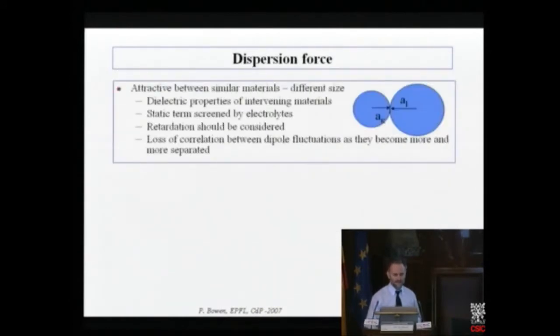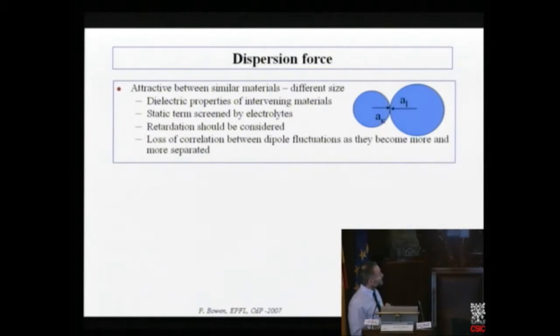The Hamaker constant, like I say, is attractive between similar materials. Lennart Bergström showed very elegantly that if you take dissimilar materials like silica and silicon nitride, you can actually create a repulsive force. So between similar materials, if you have a multi-phase system, you have to think a little bit. Dielectric properties of both the material and the liquid in between, or the gas in between.